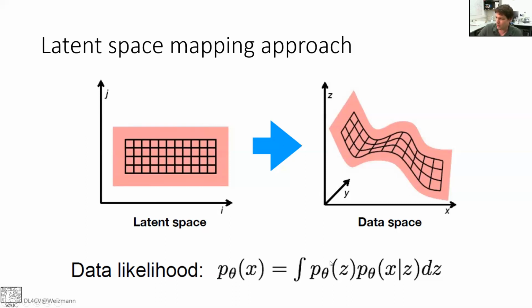So P of Z, this would be the distribution that you get to decide.